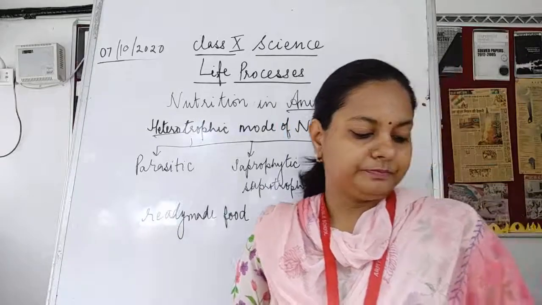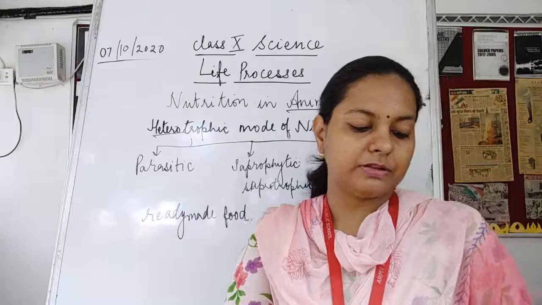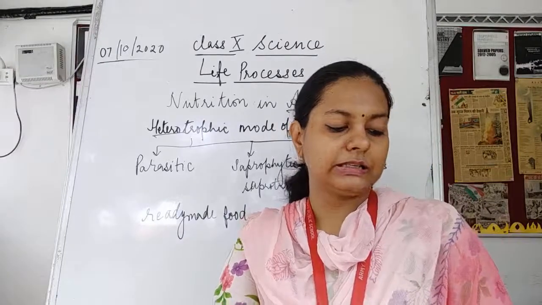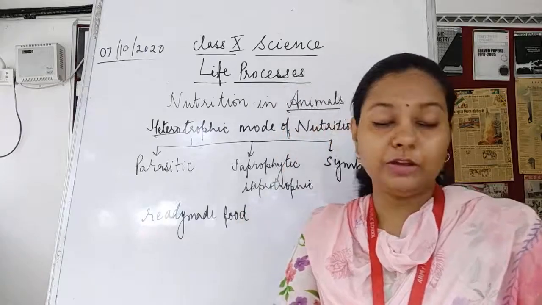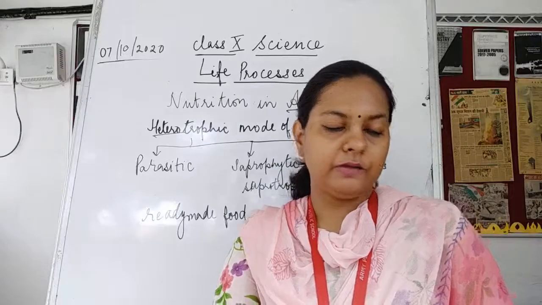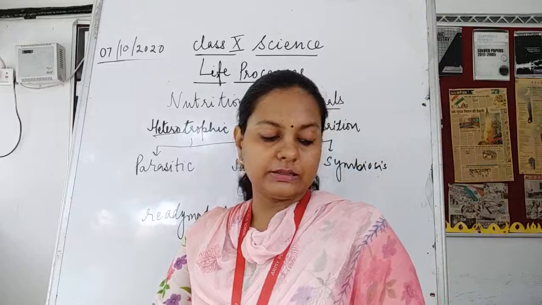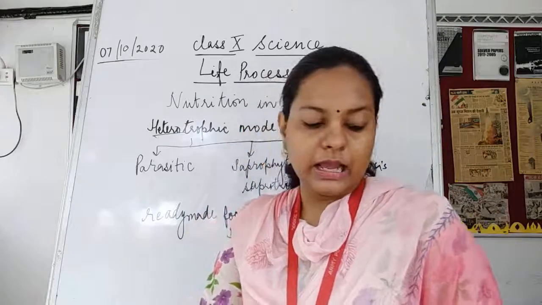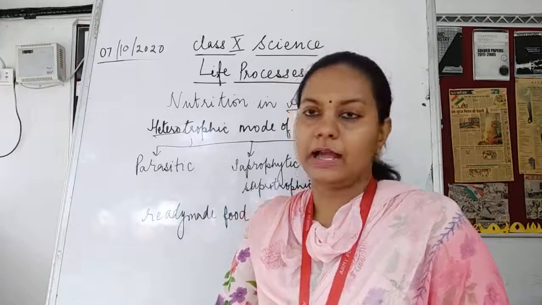Okay. Now the ready-made food comes either from the plant or from the other animals. The animals obtain their food from plants or other animals which they eat. Now, we human beings also come under the category of animals. So we obtain our food like wheat, rice, pulses, fruits, vegetables from the plants, and food like milk, curd, cheese, egg from the animals.